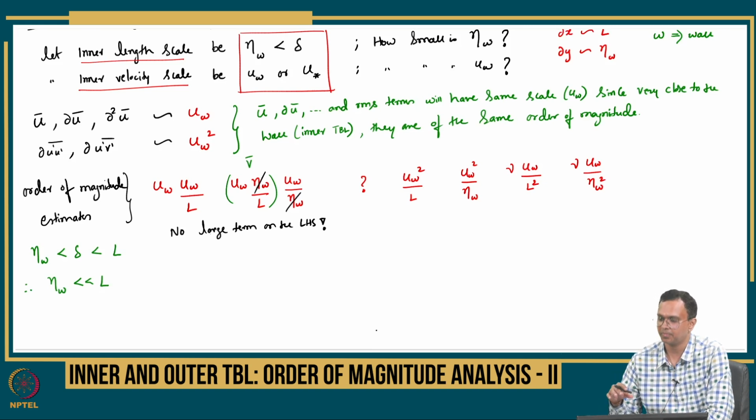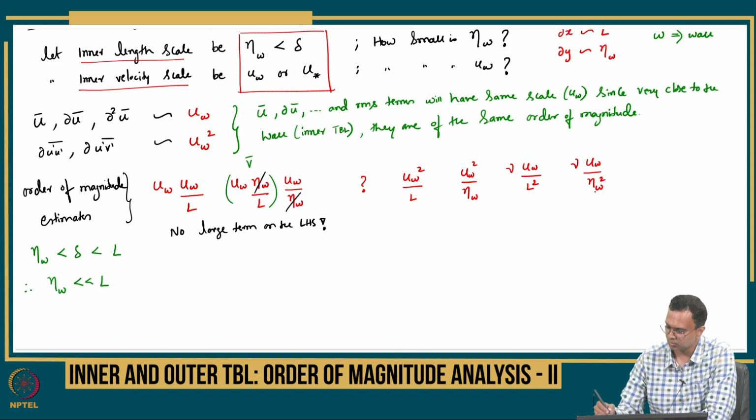So we'll start from there. Let's take the largest viscous term and see which term will balance. Anyway, on the left hand side, I don't have any term which is big. So this must be the smallest viscous term, right? In between these two, this is the largest viscous term here.